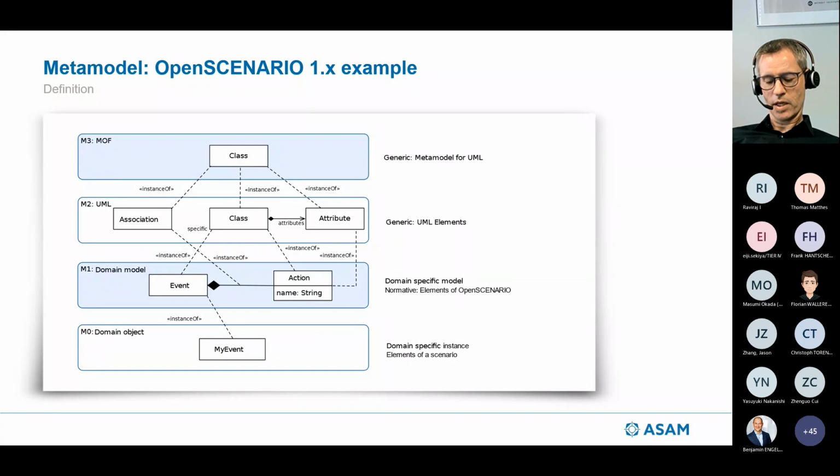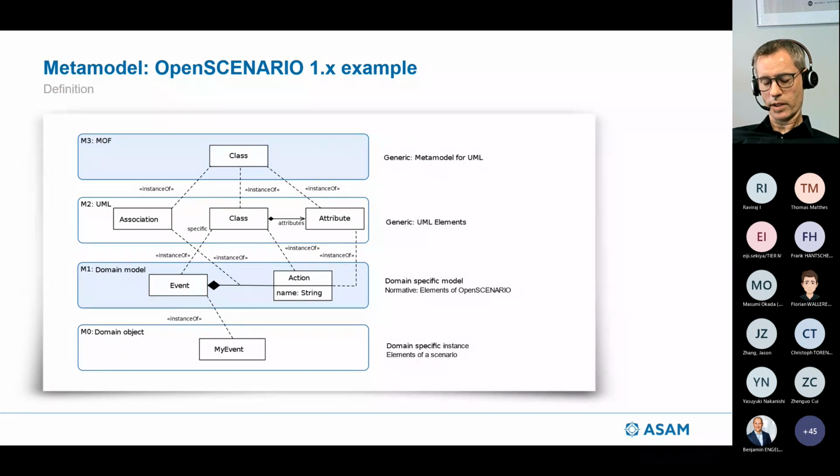And by this, it's sometimes useful just to remind ourselves on which level we are. Are we talking about the meta model? Are we talking about the domain model, or do we even talk about the domain object, which is encoded? And usually we are defining the domain model in the standard.